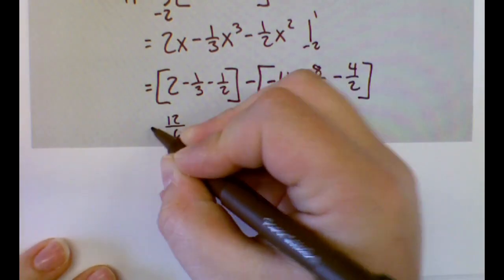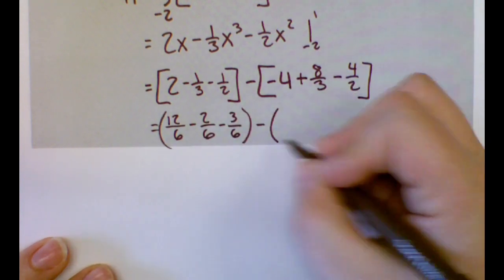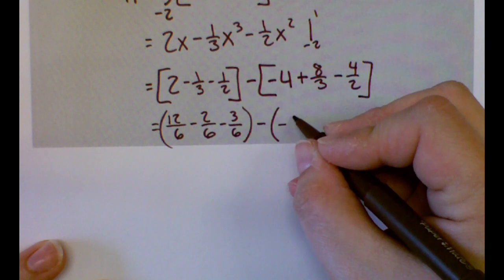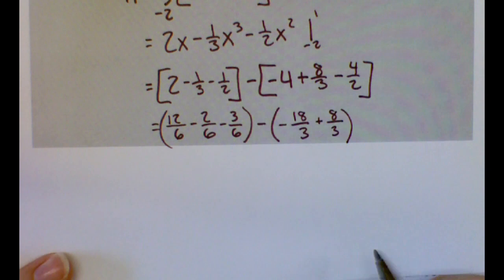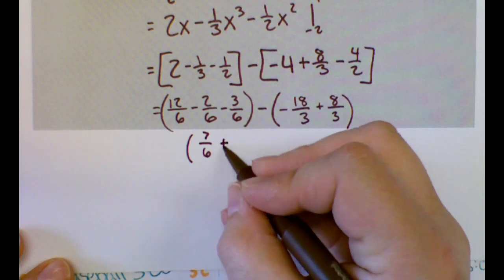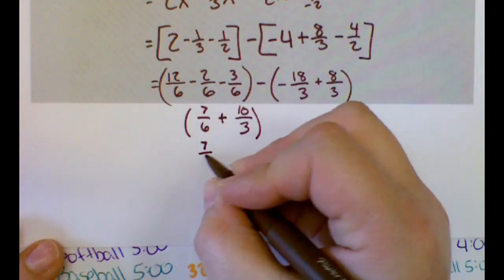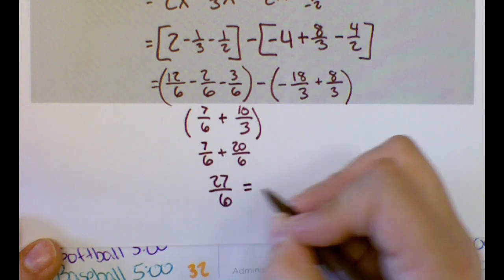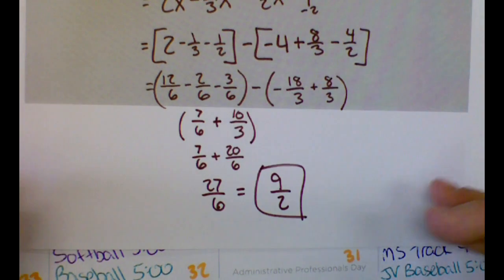Let's see, I have 12/6 minus 2/6 minus 3/6, minus, let's see, that's actually 2. So -6 is 18/3 plus 8/3. So I have 7/6 plus 10/3, which is 7/6 plus 20/6, which is 27/6, and simplifies to 9/2. There we go. So most of that was just simplifying fractions, right?